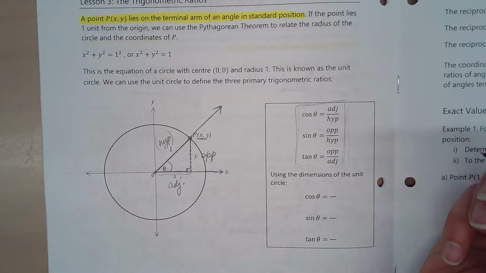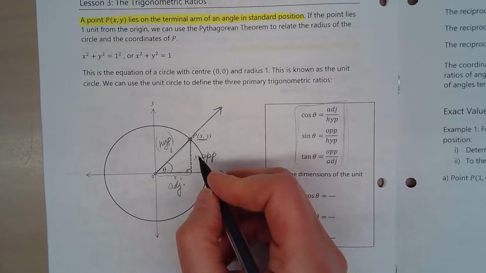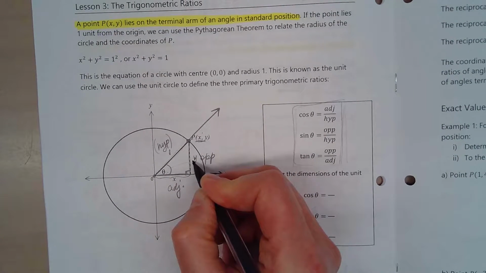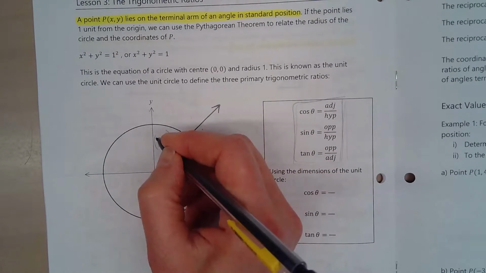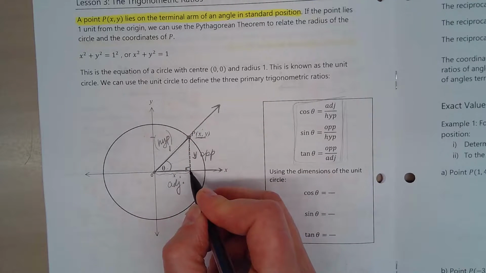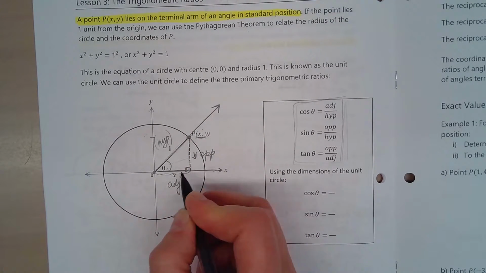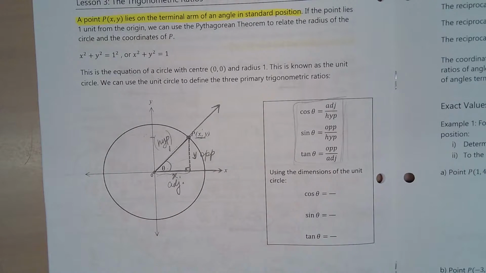Good? Another way, I could call this the opposite side, but I could also refer to it as y, because I know its length is y. This y matches up with the y-coordinate on the y-axis. The x is whatever the x-coordinate on the x-axis is, so this length is also the distance of x.